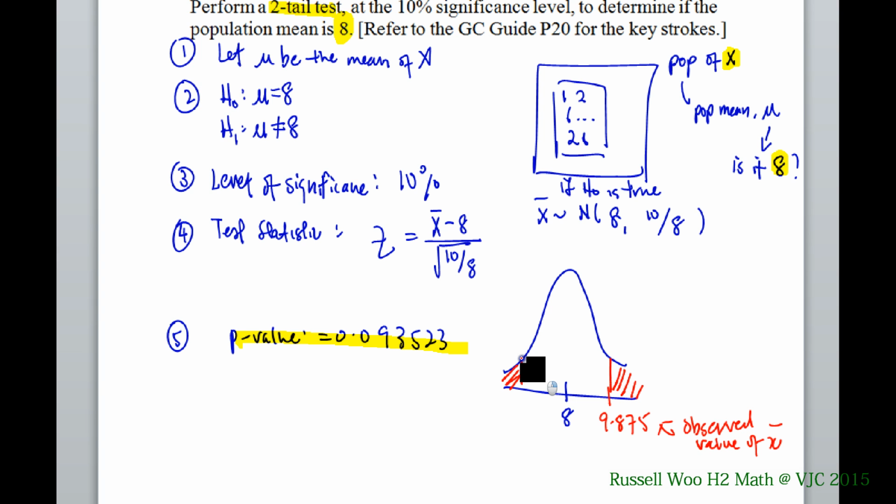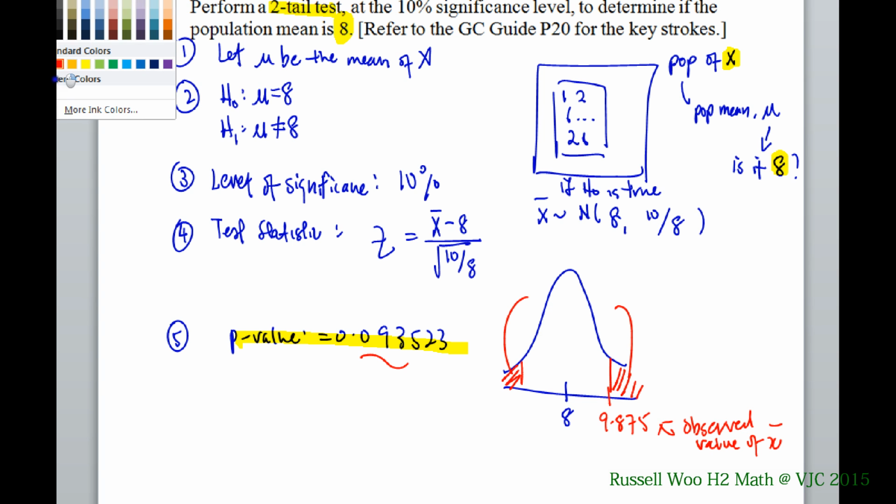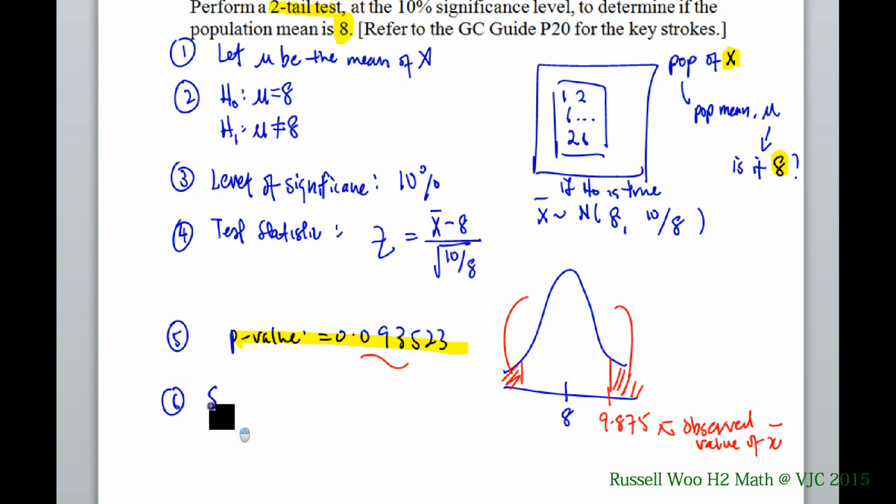Follow? So in this case, we calculate this p-value. This is the sum of these two areas. We conclude that since the p-value is 0.093523, which is less than 0.1, the level of significance, you say H0 rejected.